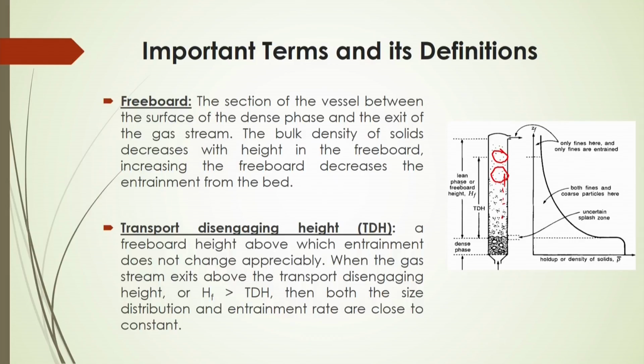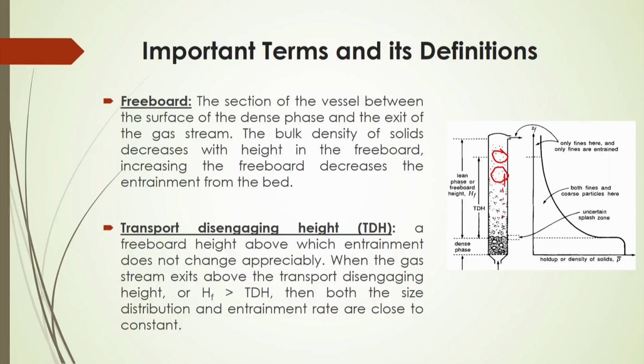Another important point is the transport disengagement height, a very important design parameter. It is a freeboard height above which entrainment does not change appreciably, because at a certain height there will be no change in the concentration of solid particles.